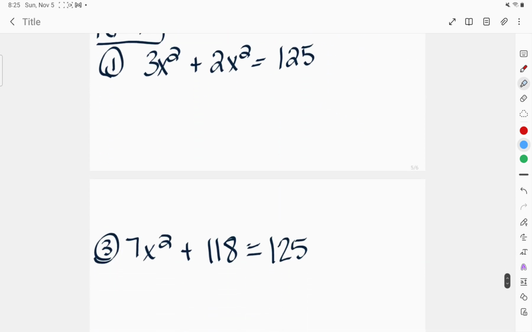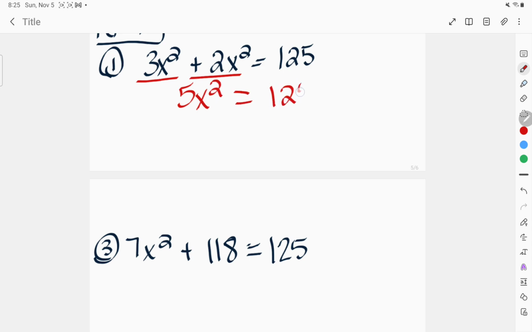All right, so let's do a couple more and see what you can come up with. So this time our like terms are both on the left side of the equal sign, so we don't have to move anything. That means we're just going to perform the operation that is there. So 3x squared plus 2x squared is 5x squared.